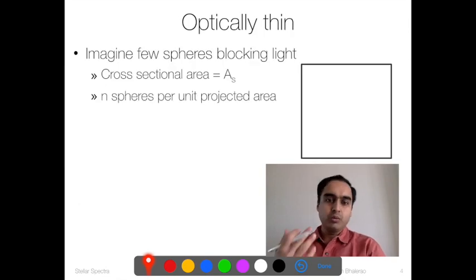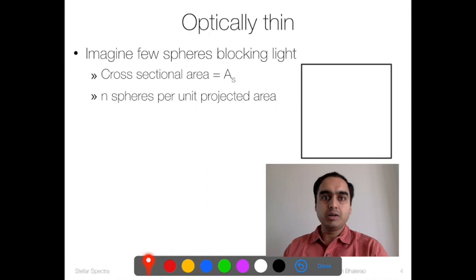Now astronomers use more commonplace language to describe this. For example, you can say that a medium is optically thin, or that it is optically thick. Optically thin, loosely speaking, refers to a region where absorption is in small amounts.